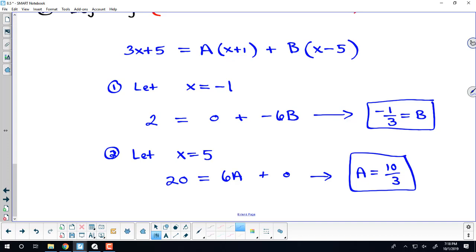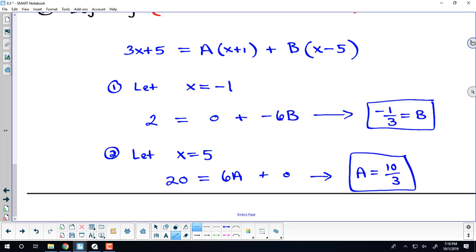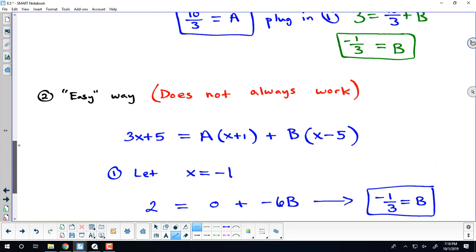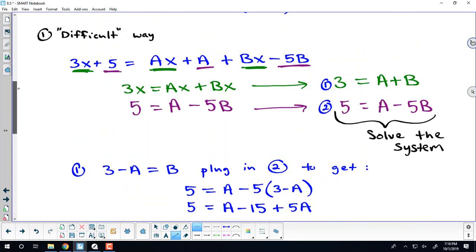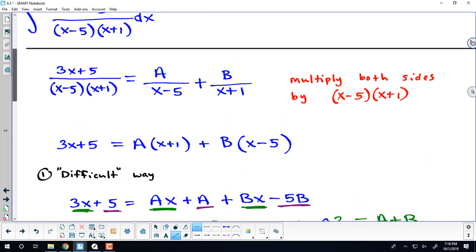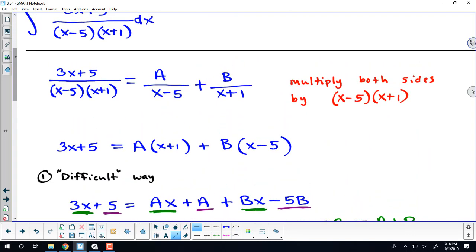You might have to reserve the rest of this space. So either way, you've got your A and you've got your B. So we need to go back up now, 10/3 and -1/3. We need to go back up to this stage where we had to figure out what A and B were. And since it's taking up enough space, just write it here.